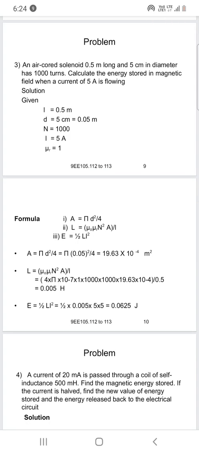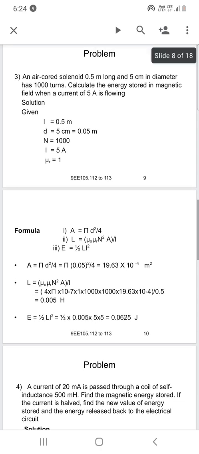So L. What is the relation between L, the area of cross section, and the length of the conductor? L is equal to absolute permeability into relative permeability into number of turns squared into area of cross section by length of the conductor.